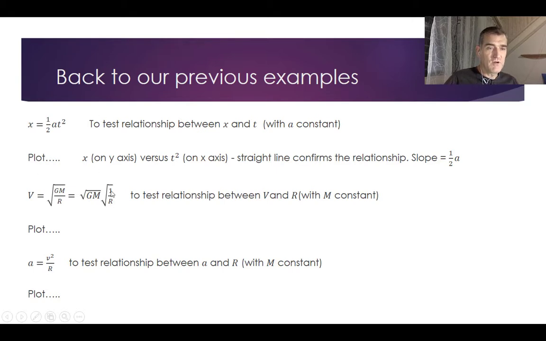Okay, you should try this one. Pause if you want to think about it. What would we plot here to test the relationship between v and r, which we think is of the form v equals root gm over r? That's theoretical. If we practically vary r and measure the speed required to maintain a circle, then what would we plot?